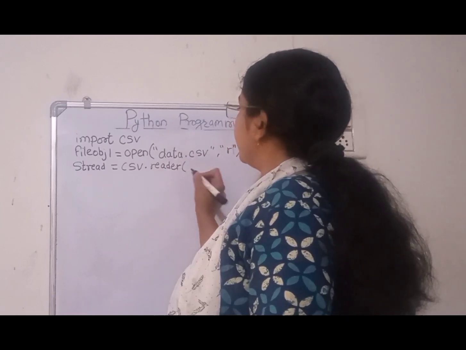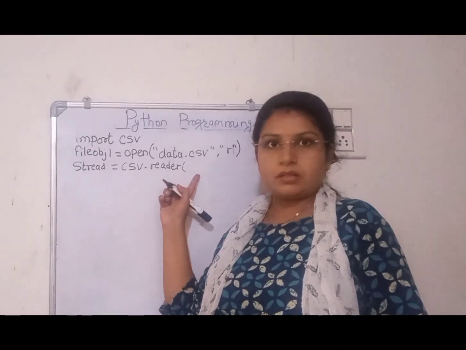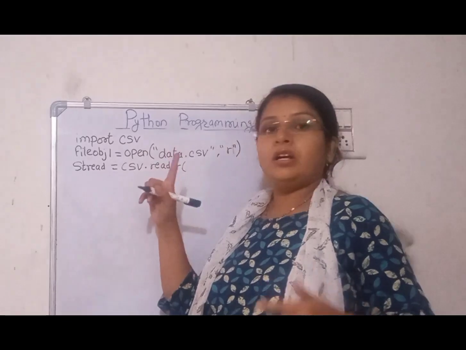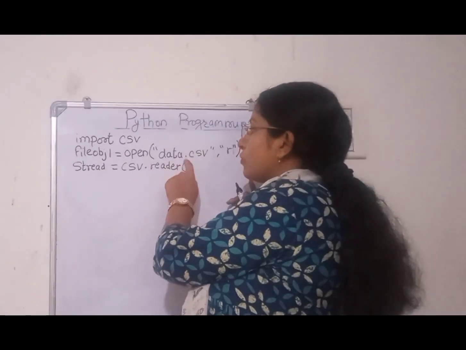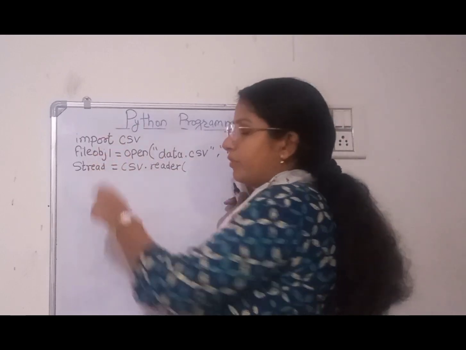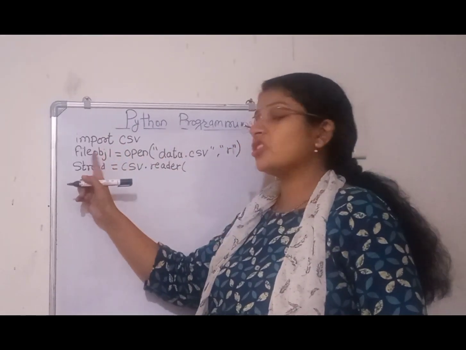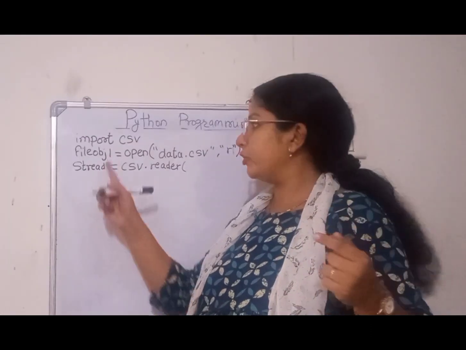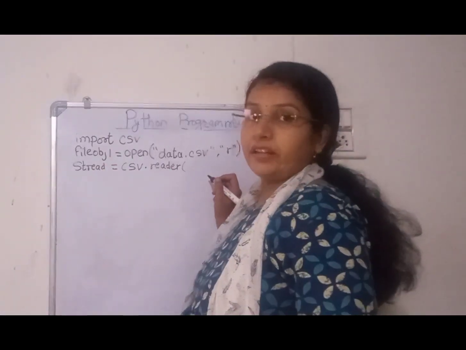csv.reader. Now this won't be empty parentheses because we need something to connect to your file. Your file data.csv, the reference of this file is already saved in the file object f1. So you need to mention this file object f1 here. After that you don't need your file object reference because you are saving this in the reader object.